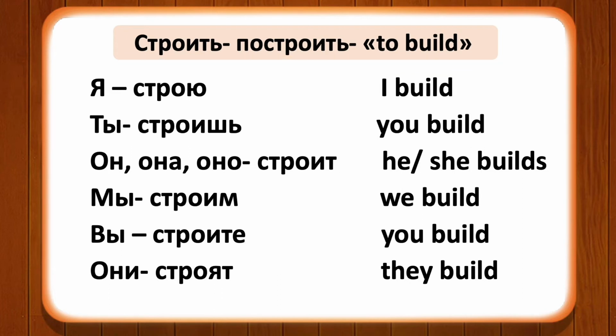Ya stroyu, in English it will be translated as I build. Ti stroish, you build. On ana ano stroit, he or she builds, depending on the personal pronoun. Mi stroim, we build. Vi stroice, you build. Ani stroit, they build.